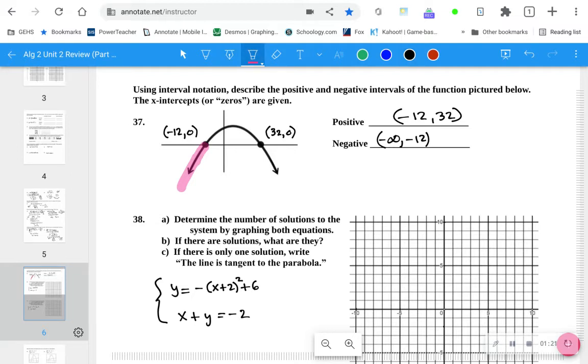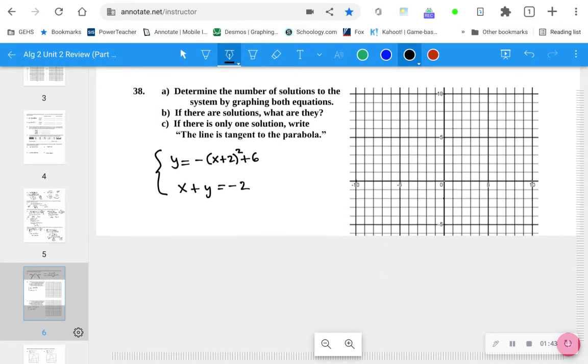And then the other place where the y values are negative is over here. And that starts with an x value of 32 and keeps going to the right forever. So you go from 32 to infinity, and there you go. You got your two intervals where it's negative. All right, so let me move on to the next one.